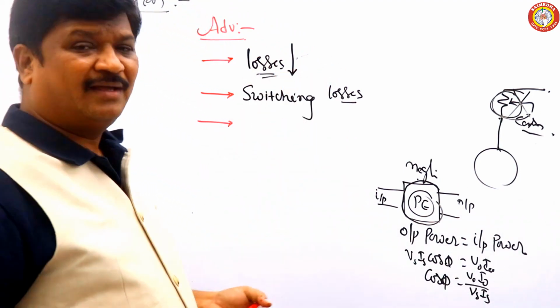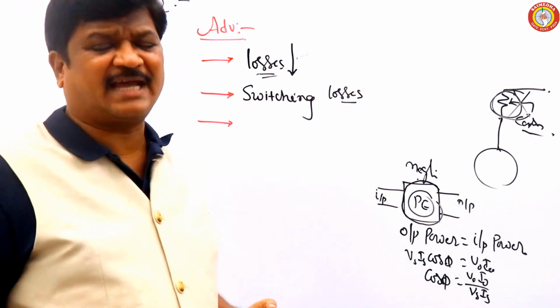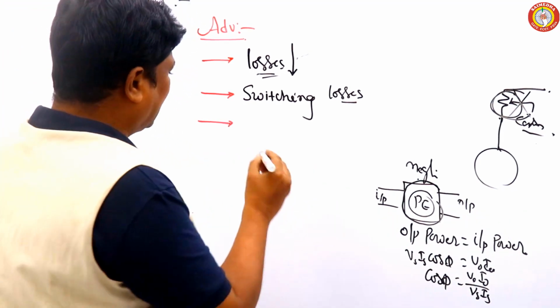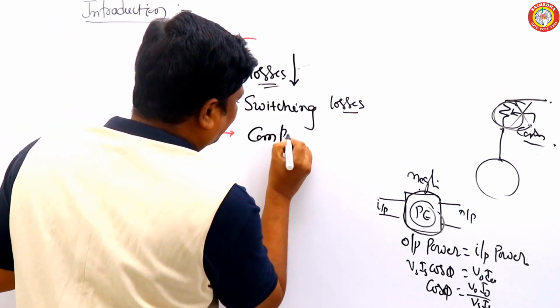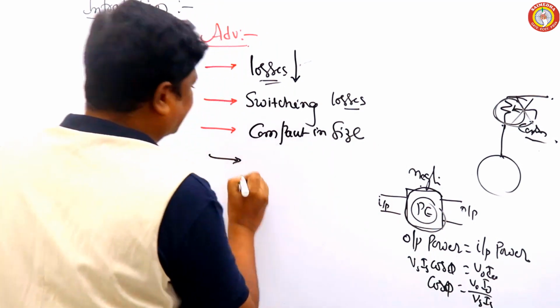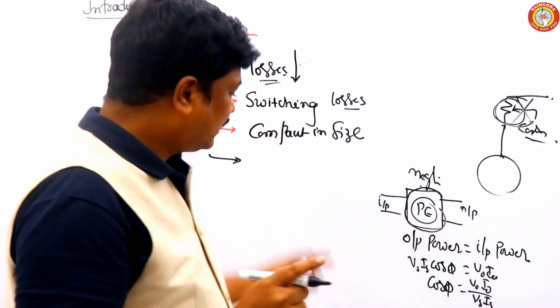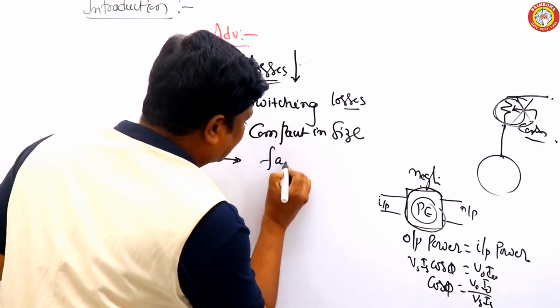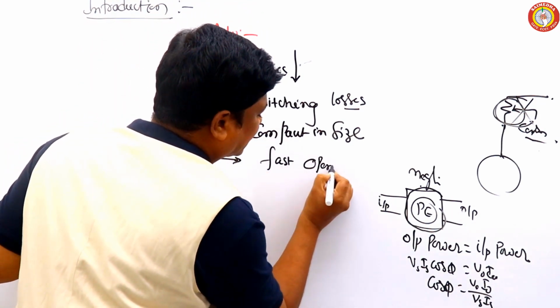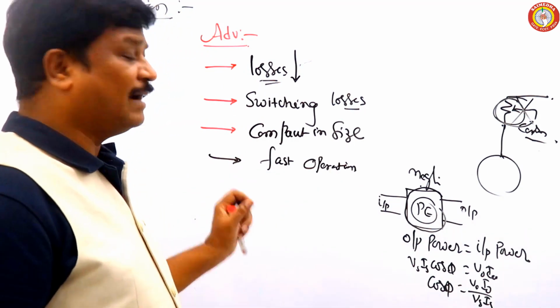And these power electronic devices, how are they? Very compact in size. Not only this, they have fast operation. They can have fast switching actions. Of course, cost is not comparable.